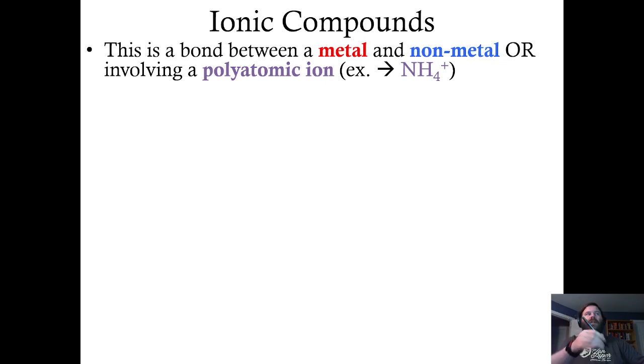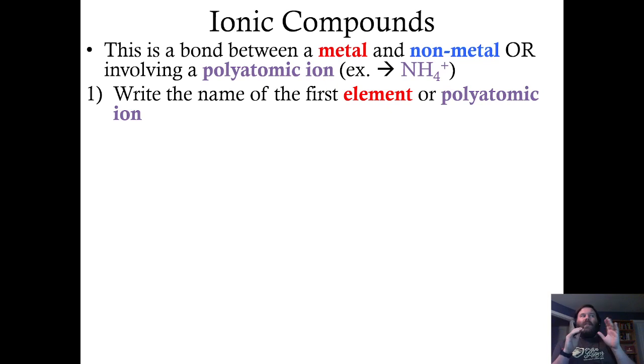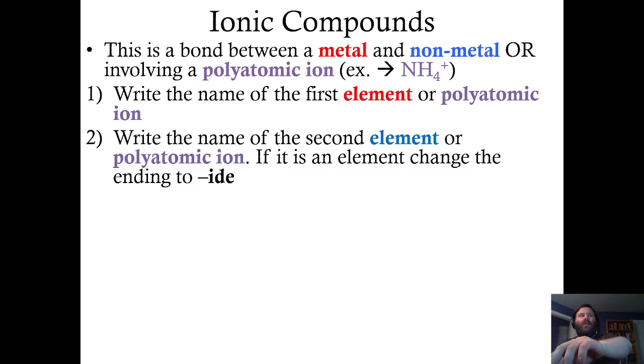So, for ionic compounds, this is how to write the name. First you write the name of the first element or polyatomic ion. Then you write the name of the second element or polyatomic ion. And if it's an element, not a polyatomic ion, you change the ending of the element from -ine or -ic to -ide.